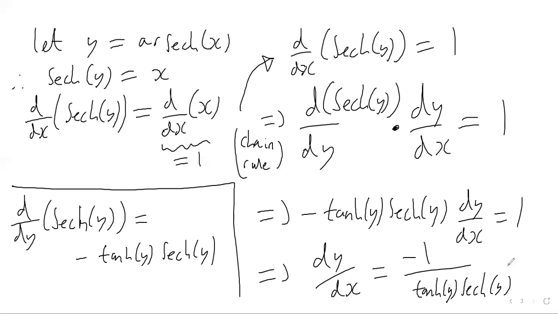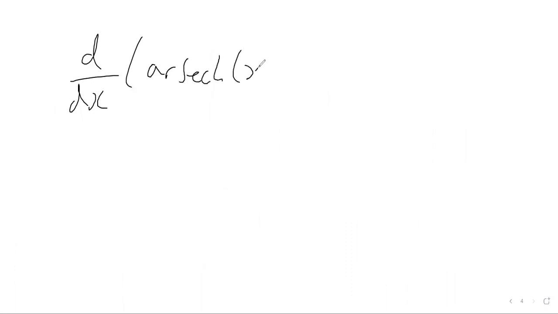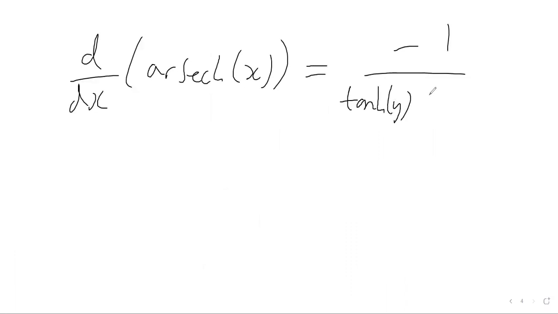So we know obviously that y equals arsech x, so dy by dx is just the derivative of arsech of x with respect to x. That's what we want. So therefore, d by dx of arsech of x is equal to negative 1 over tanh y multiplied by sech y.